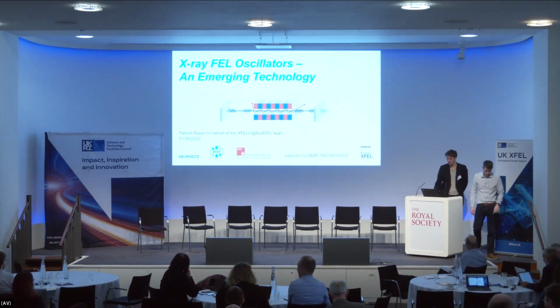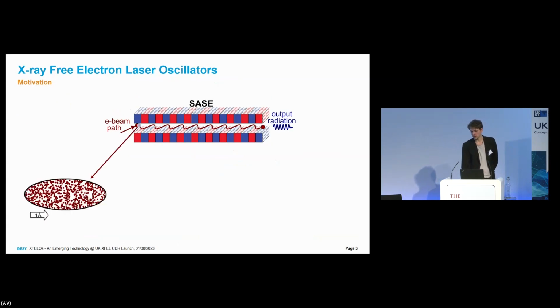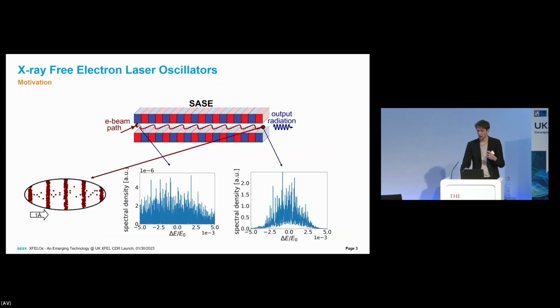Okay, so it's just a little difference. So thank you, Argo and Claudio, for laying the groundwork. So I don't really have to explain the SASE process or seeding as such, just to give you the first idea. For SASE, we are starting from a stochastic electron source, and therefore also from a stochastic radiation distribution, which, even though going through a rather narrow bandwidth amplification, will be very spiky in the end, will still be very stochastic.